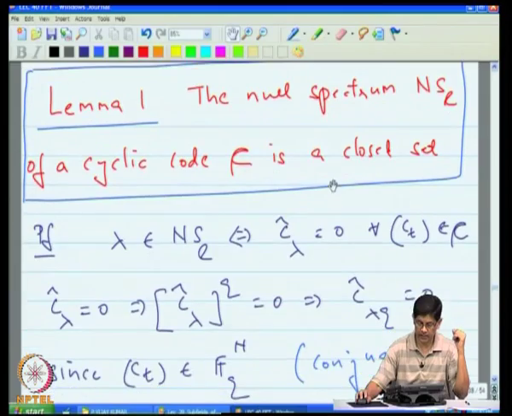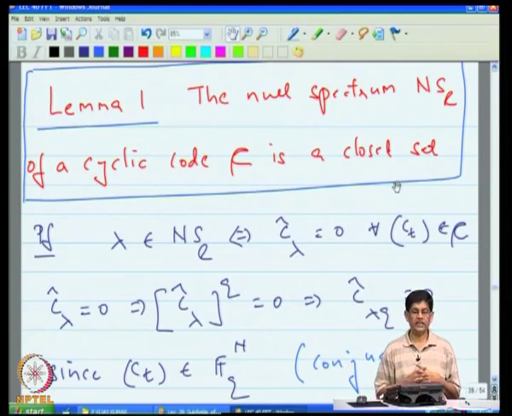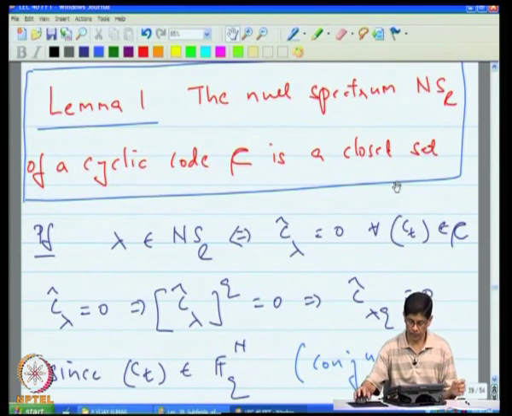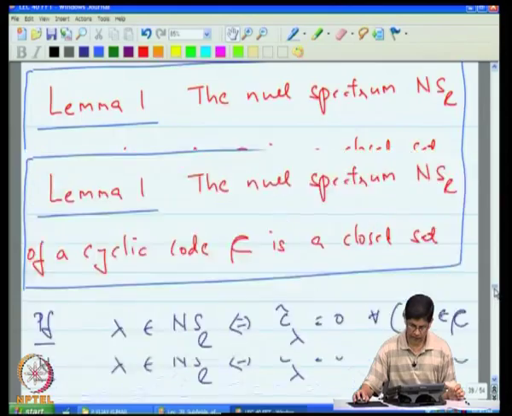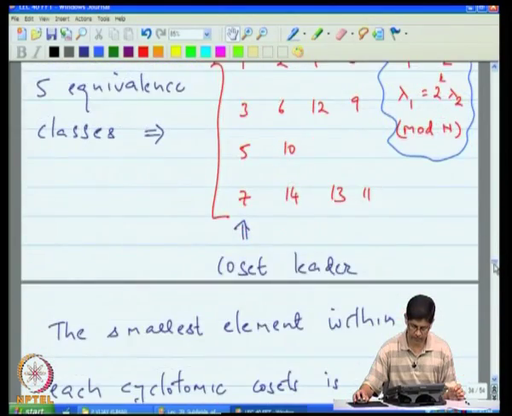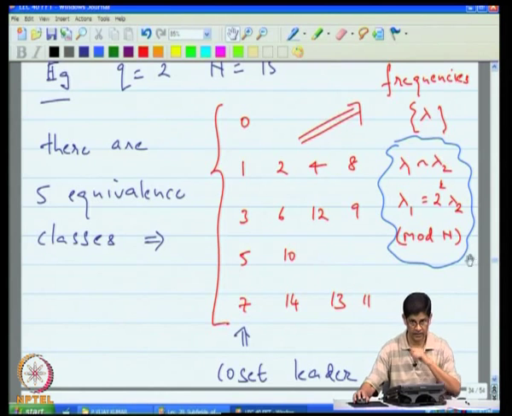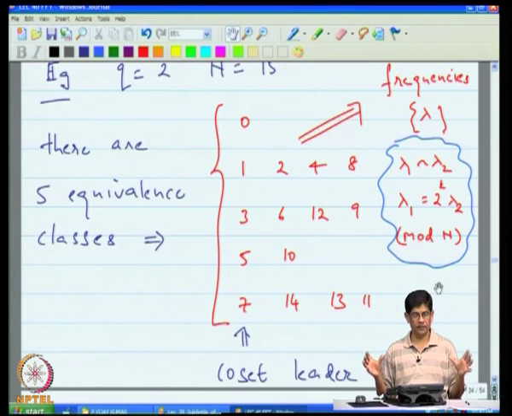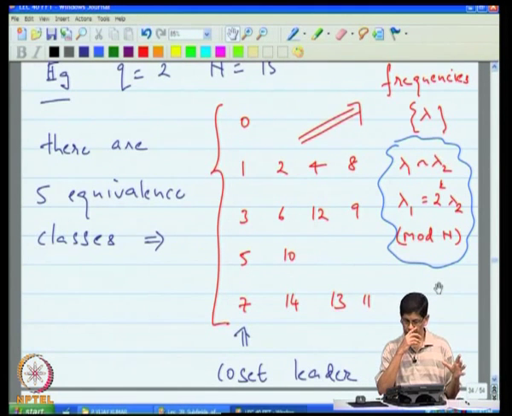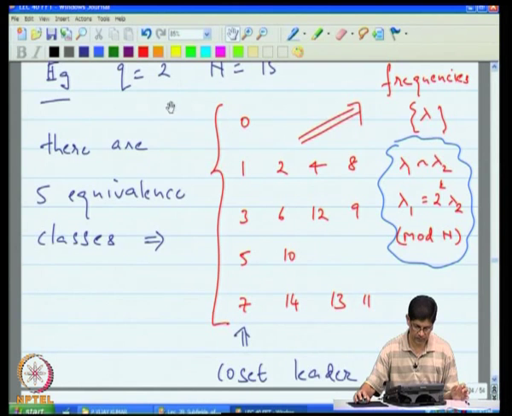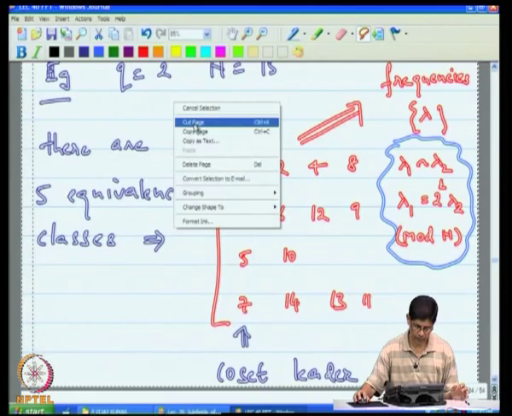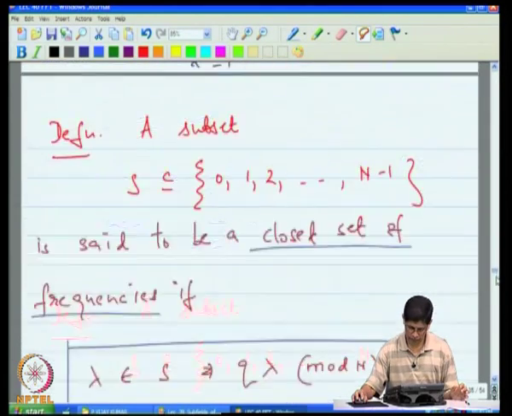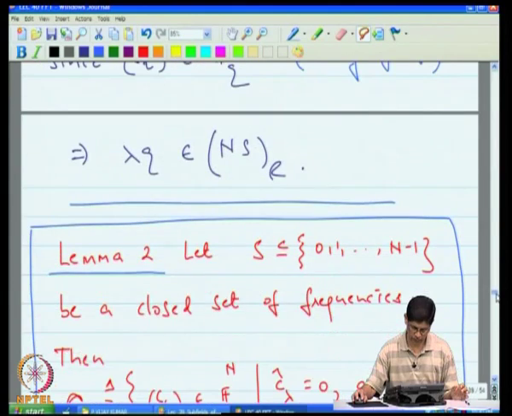It turns out now that the null spectrum of a cyclic code is a closed set. In other words, you can actually construct cyclic codes very easily, because all that you need to do, let us go back to our cosets here. Supposing for instance I was designing a cyclic code here, you can actually design cyclic codes in a very simple way. Let me just copy the page and insert it where I can use it.